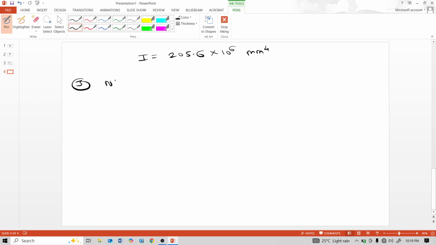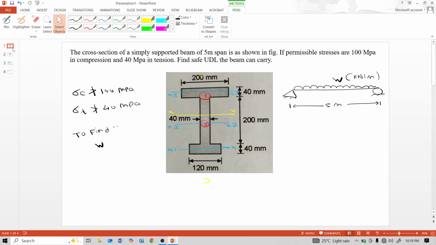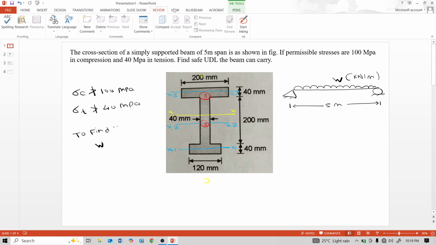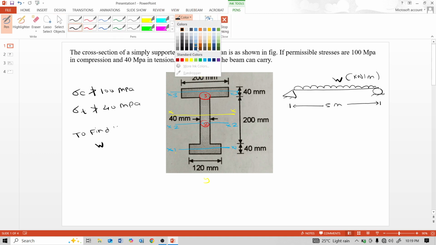Now we have this beam, which is a simply supported beam. So the deflection of this beam is like this. This beam deflects like this. That means on the bottom portion tensile stresses act and on the top portion compressive stresses act.